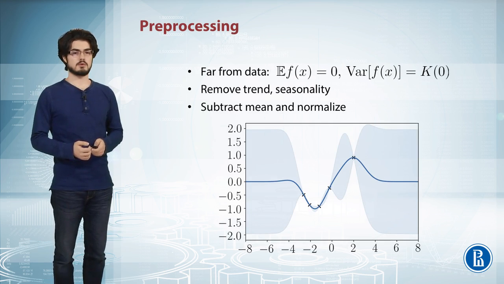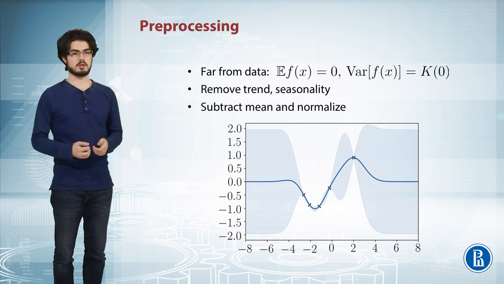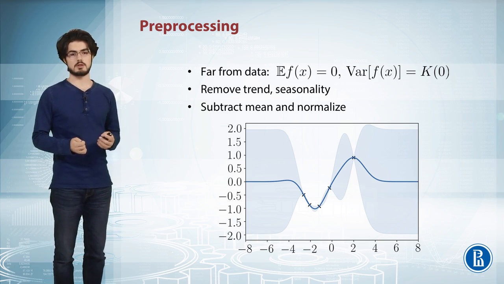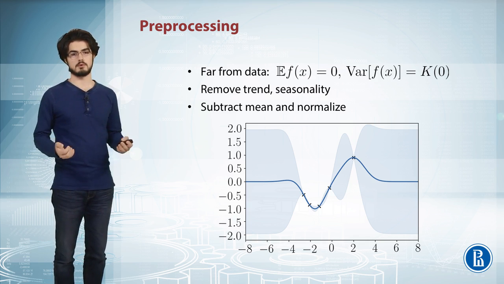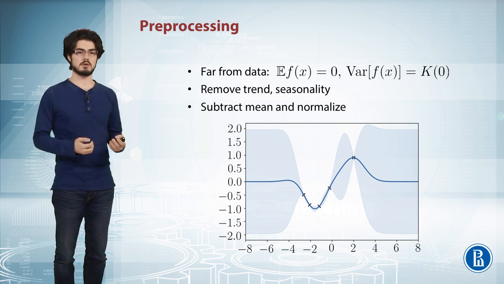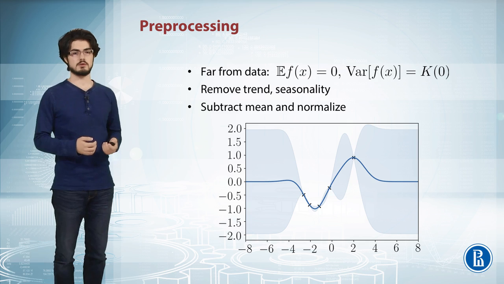So we should actually pre-process our data to make it stationary in the prior. That is, we want our predictions to be stationary when we go away from the data points. So we would like to expect that the mean value is 0 and the variance would be k of 0. To make this true, we should remove the trend and seasonality, and also subtract the mean and normalize.